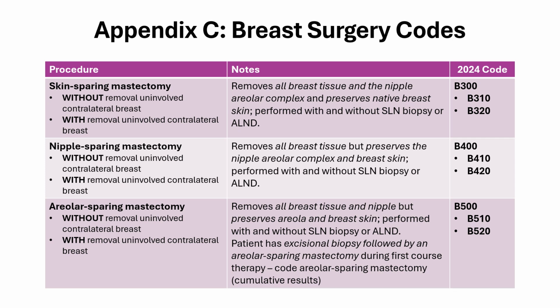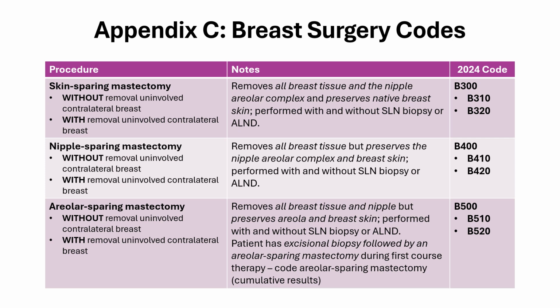B400 through B420 is the nipple sparing mastectomies, again, depending on if the contralateral breast was removed or not. These surgeries remove all breast tissue, but they preserve the nipple areola complex, and the breast skin, again, can be with or without lymph node biopsy or dissection.